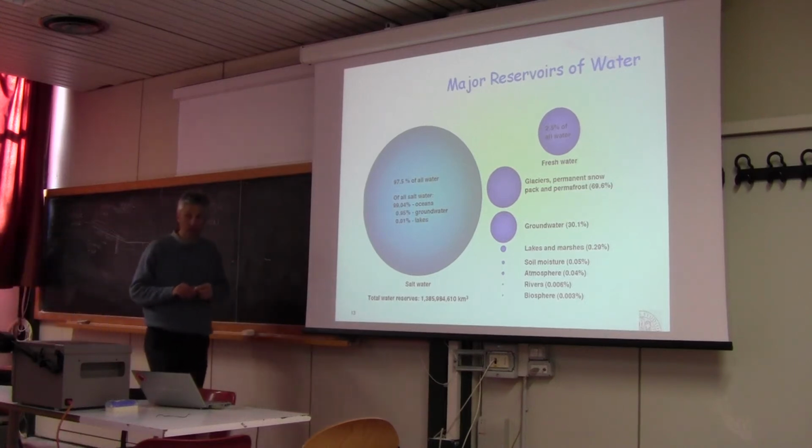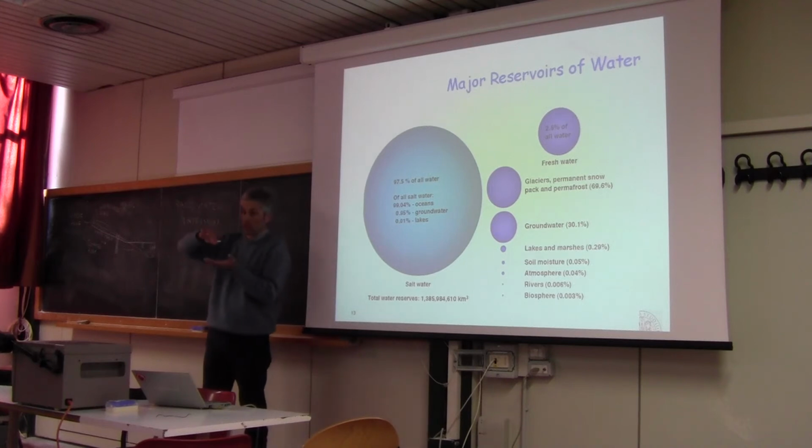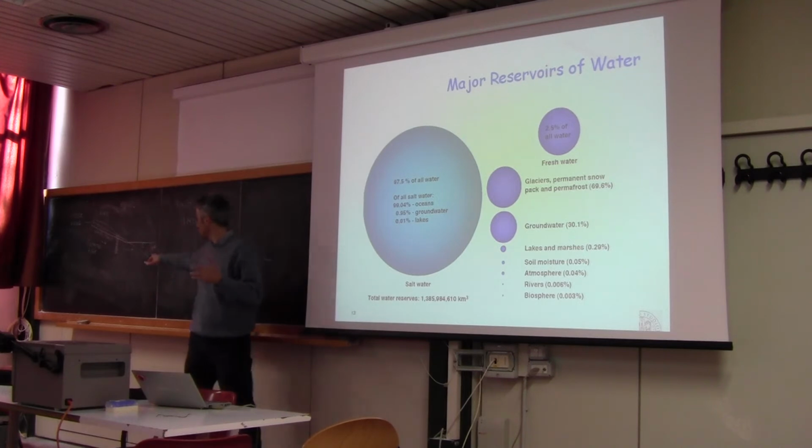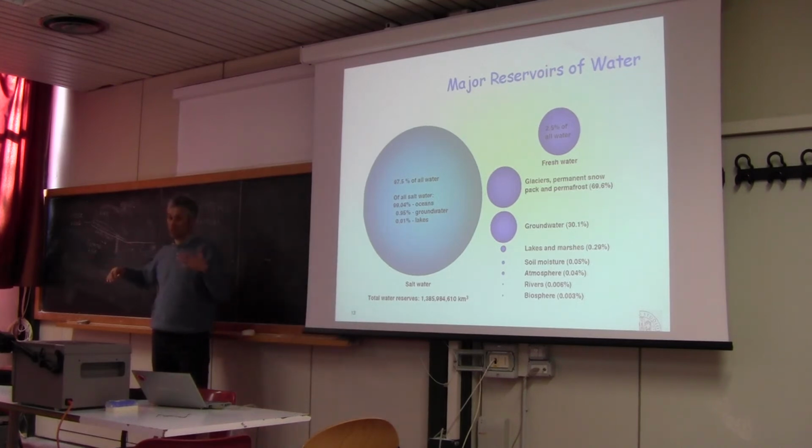Because if the soil is completely dry, the upper zone usually is dry soil, it's quite easy to understand how water moves, and also the dry soil is less important than the unsaturated zone, because in the unsaturated zone you find the roots of the trees and the roots of all the plants that form the ecosystems. So the unsaturated zone is a reservoir of water which is important, even if we cannot directly use it.